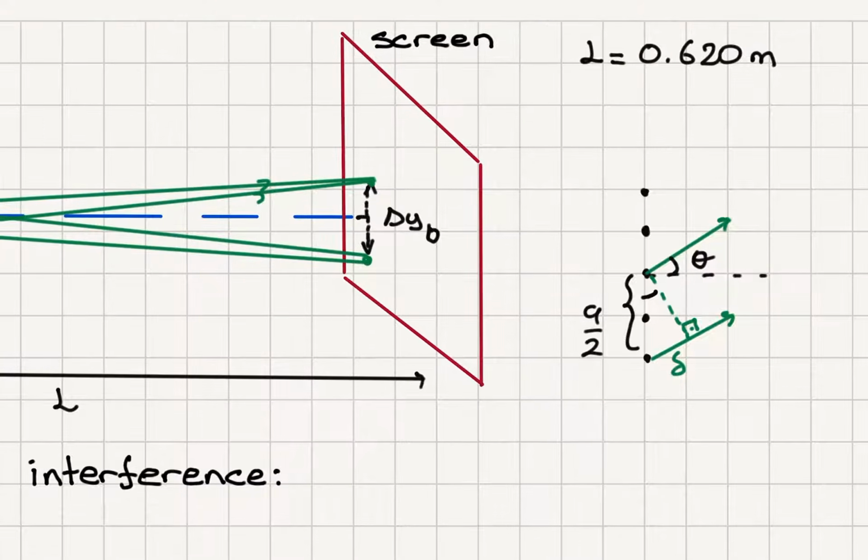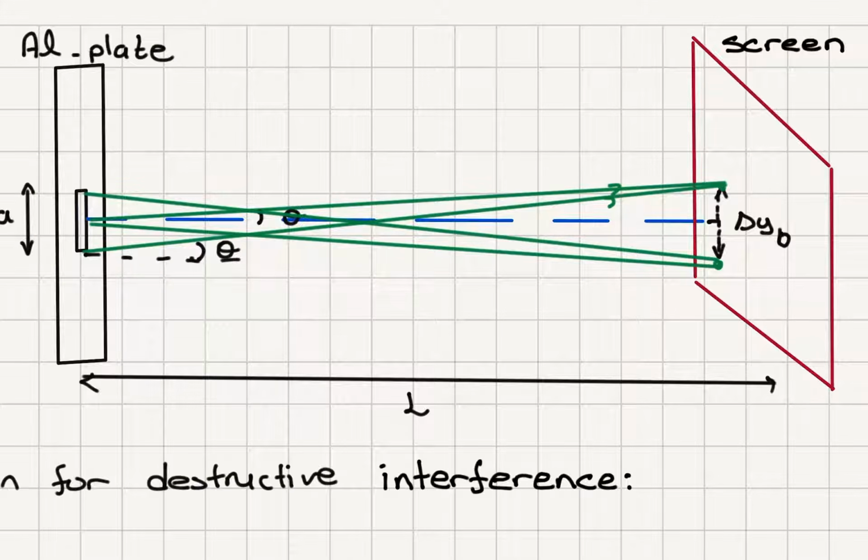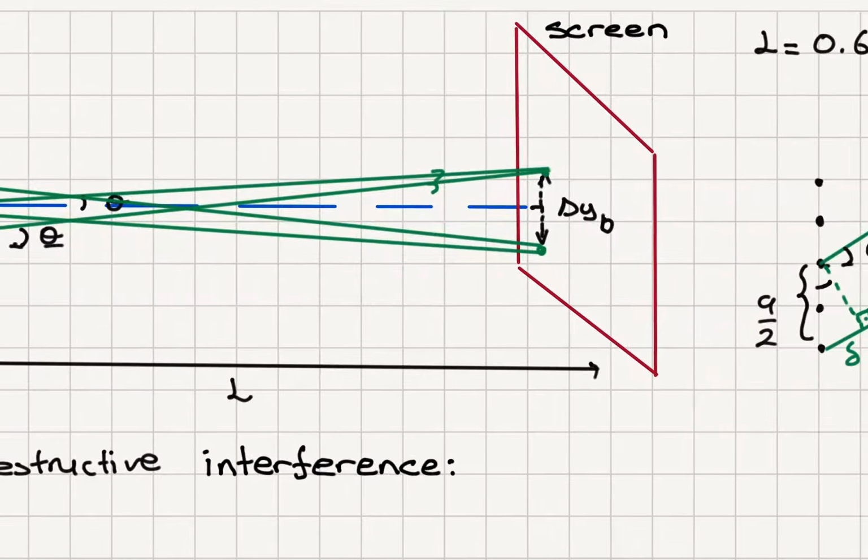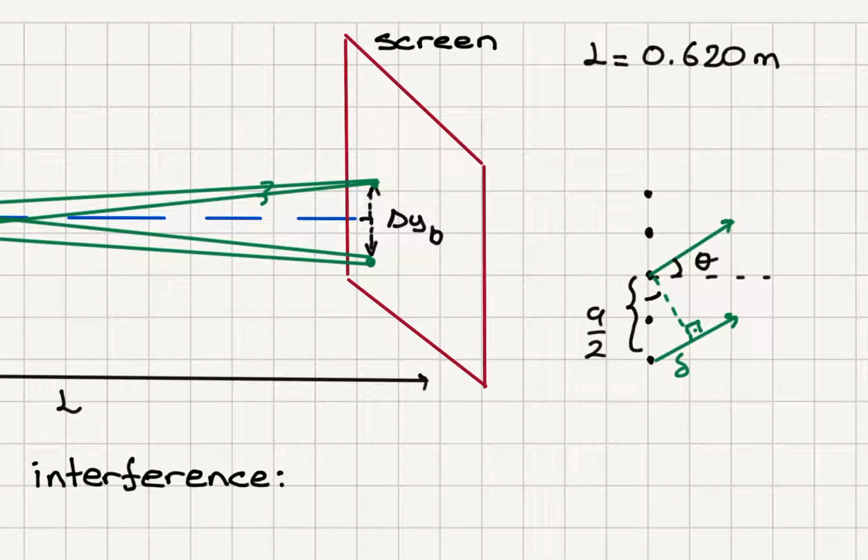If I look at Huygens principle, every point within the slit acts like an independent source of light. So if I look at the interference of the waves coming from the central point and from the end point here, at a distance a over 2 from the central point, with the approximation that all of these rays are coming at the same angle theta with respect to the horizontal, they are all parallel.